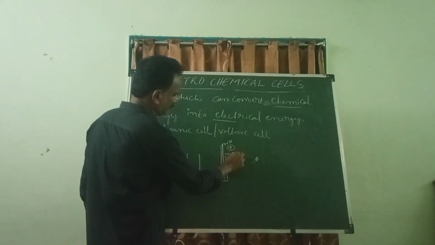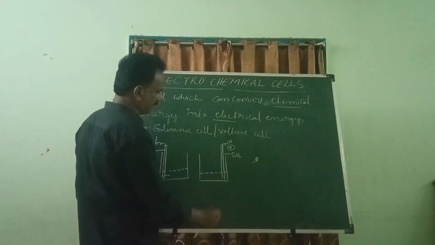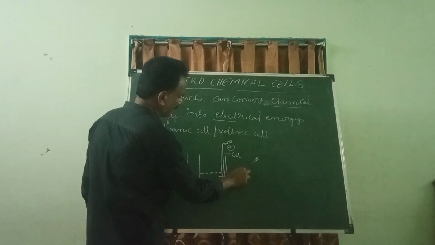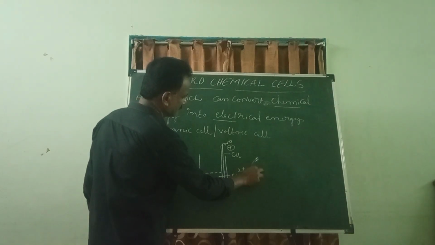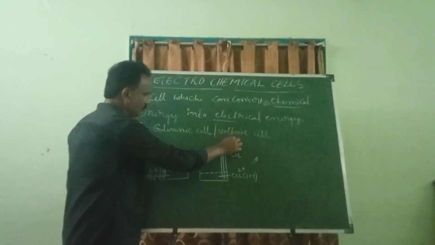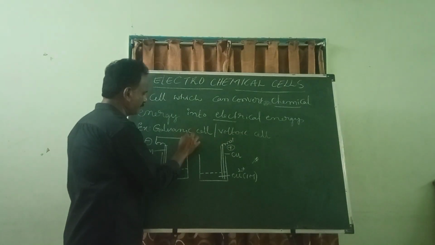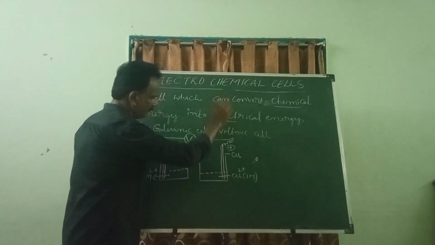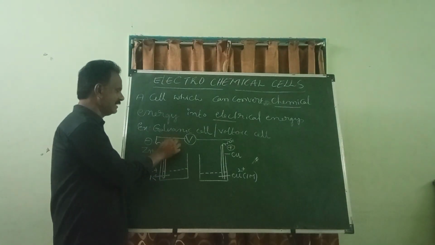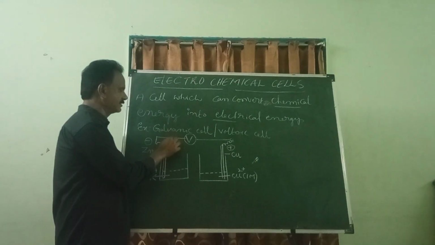The solution of electrolyte contains 1M Cu2+ ions. Okay. Both electrodes are connected to a voltmeter by means of a copper wire. This copper wire is helpful in transfer of electrons.